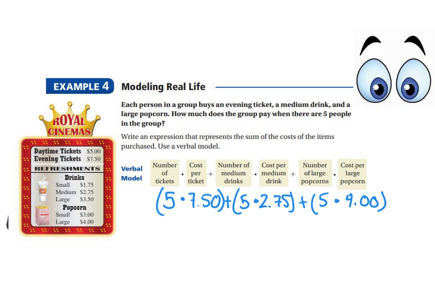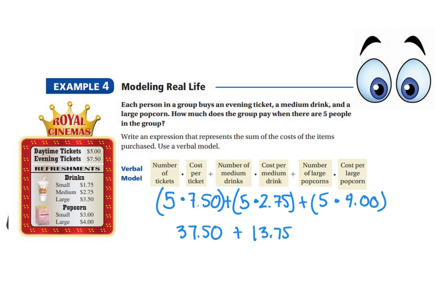So 5 times $7.50 will be our first calculation. That's $37.50 plus 5 times $2.75. That's going to be $13.75.